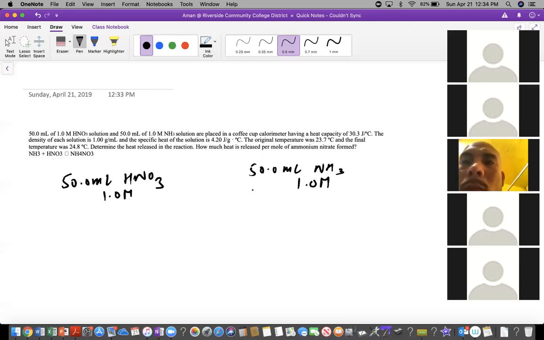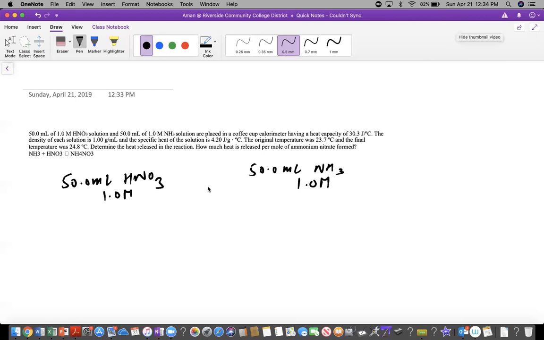And they're placed in a coffee cup calorimeter, which has a heat capacity. For a cup, you're given that its heat capacity, so capital H, is 30.3 joules per Celsius. And then you're also given that the density of the solution is 1 gram per mL.